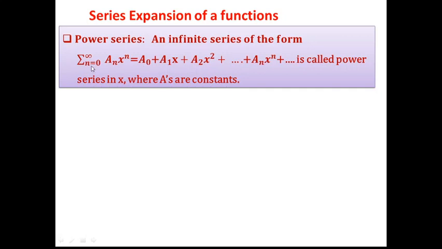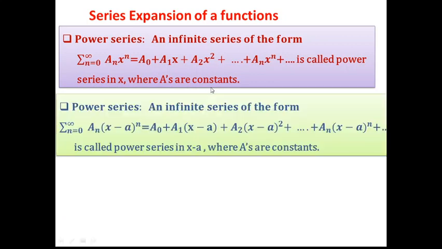Therefore, summation over n equal to 0 to infinity of a_n x^n is equal to a0 plus a1 x plus a2 x squared plus up to a_n x^n and so on, which is called the power series in x, where a0, a1, a2, a_n are all constants.